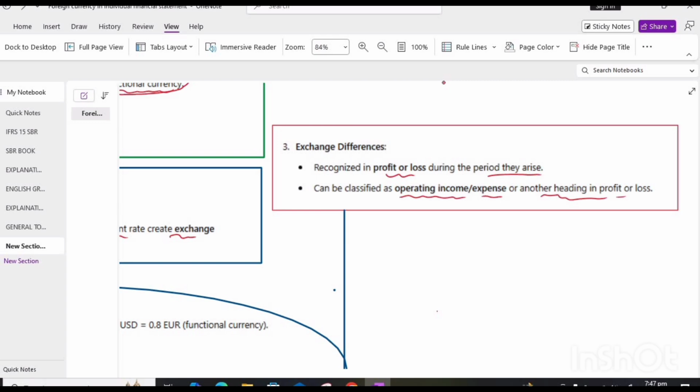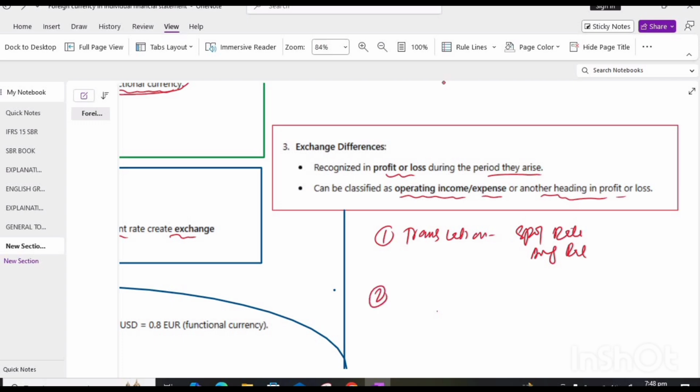So what we have studied: for the first accounting recognition, you have to translate, and for translation you use the spot rate or average rate.